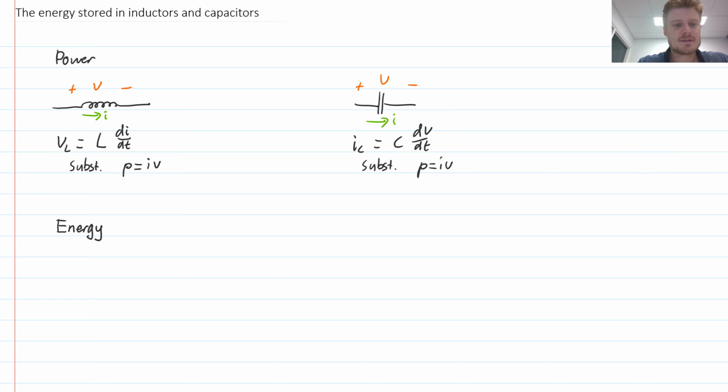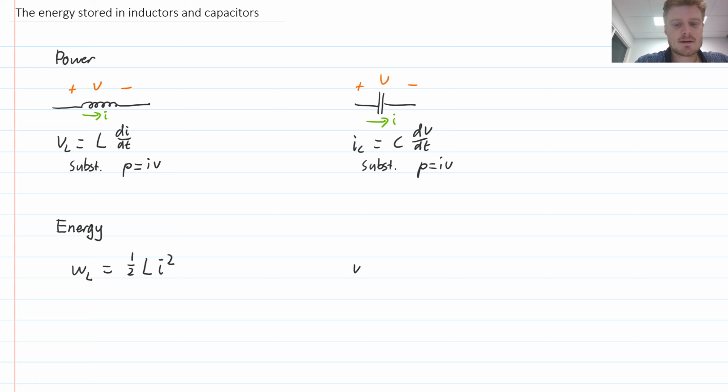And there are derivations in the textbook, you can go and have a look, but basically energy, we're going to use the letter W for energy in joules. So the energy in an inductor is 1/2 times the inductance times the current squared. So 1/2 Li squared for the energy in an inductor.